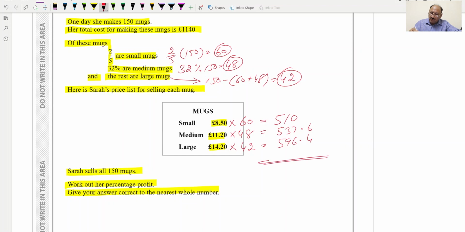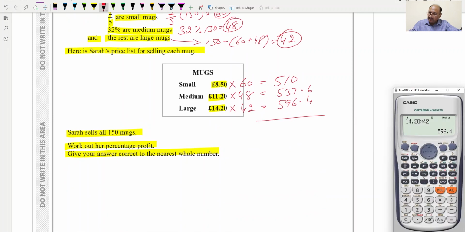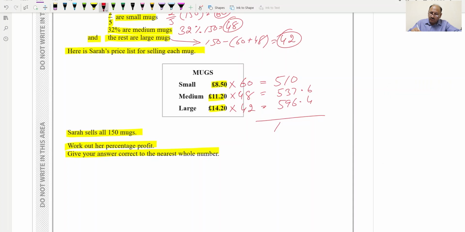So the total amount which she is getting after selling all these is how much? We can add these: 596.4 plus 537.6 plus 510, and this adds up to 1644. This is in pounds, which is the selling price.